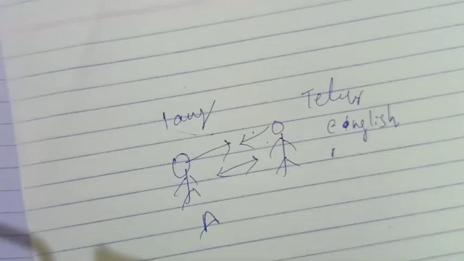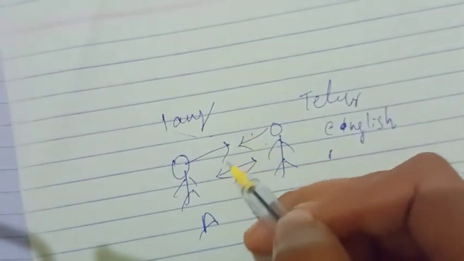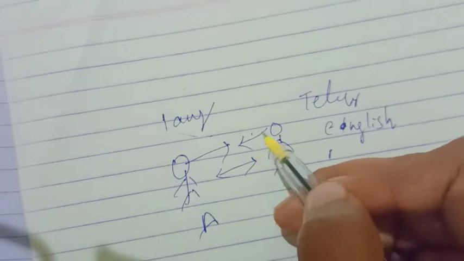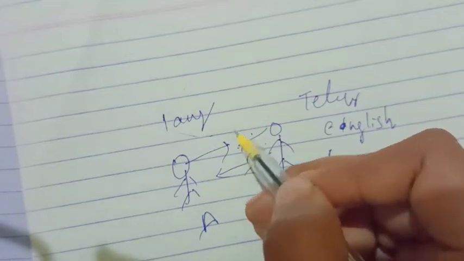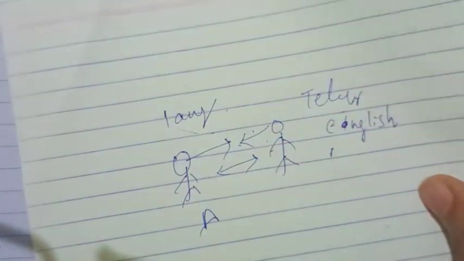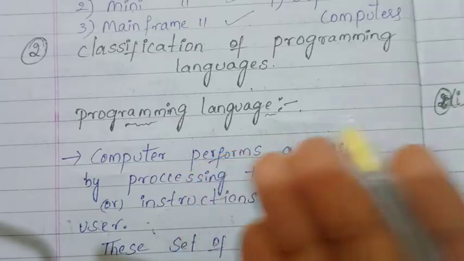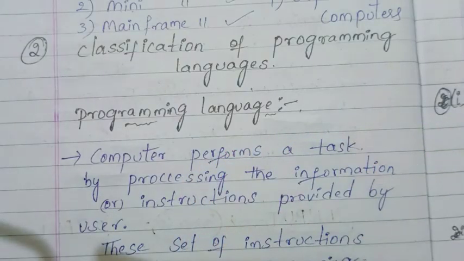But yes, if two persons are interacting with each other, then they will use a language to talk with each other. In the same way, the computer provides information to us.